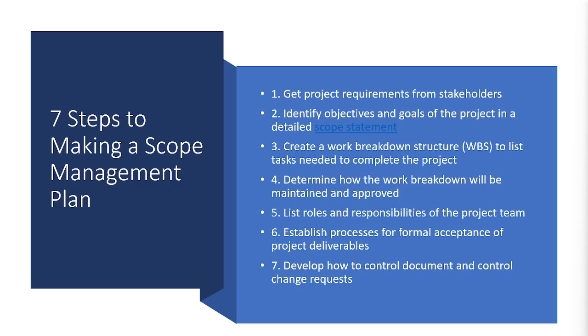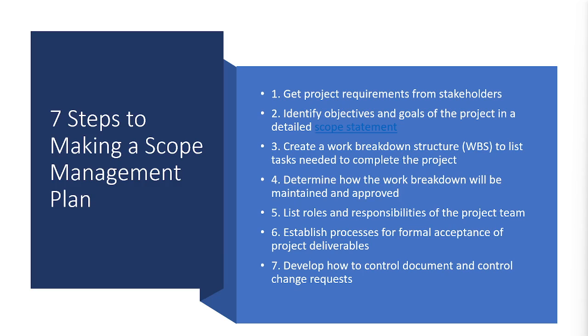And again, these are all steps that we need to take to make a scope management plan. So list the roles and responsibilities of the teams. We have a management team, we have a construction team, supervisory teams, teams of contractors actually doing the work, financial teams, right? Making sure the money's coming in on time and going out and being paid. So it's a lot of teamwork.